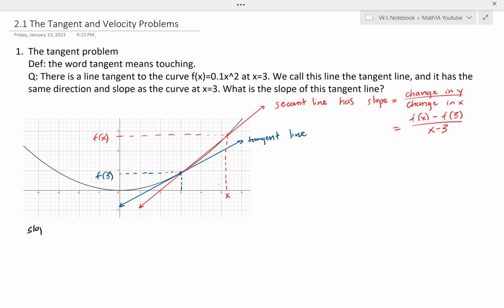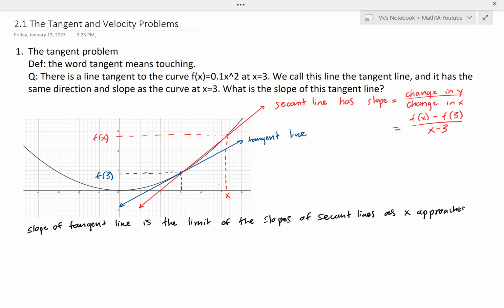The slope of the tangent line is the limit of the slope of the second line as x approaches 3.